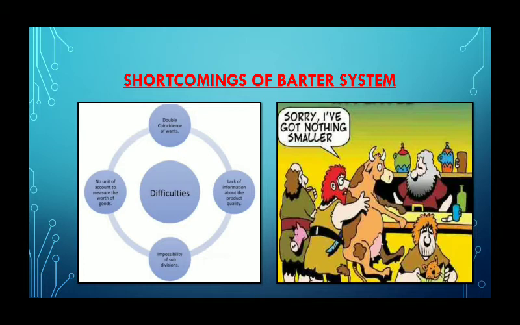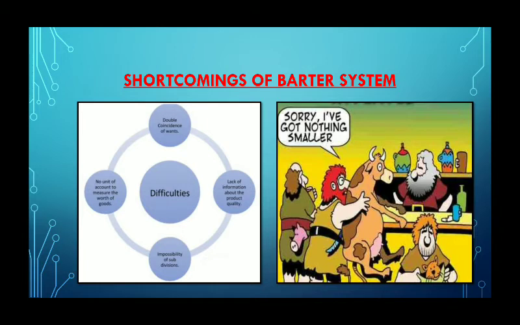There was no possibility of subdivision. The example, a picture is given over here, you can see on the screen. A person wants to exchange a cow. On the other hand, he cannot divide some part of the cow to get some cold drink which is offered by the second person on the other side of the table.